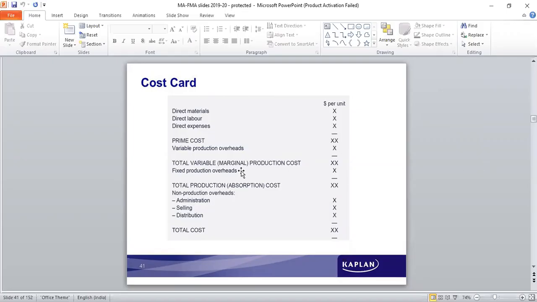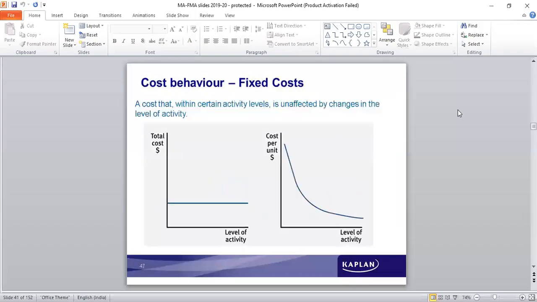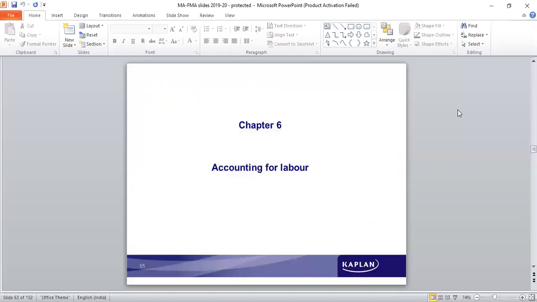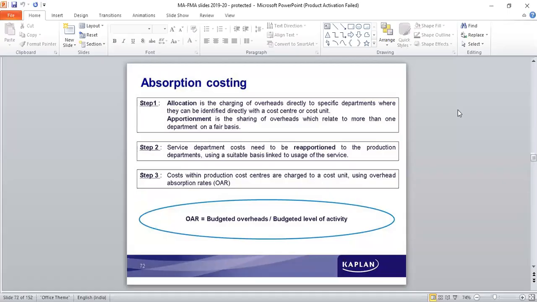Under fixed production overheads, we will be charging all the overheads which are incurred under factory. If there are 10 items, 10 times the division should take place. In that case, it's a time-taking process. Accounting for all the overheads is a time-taking process.